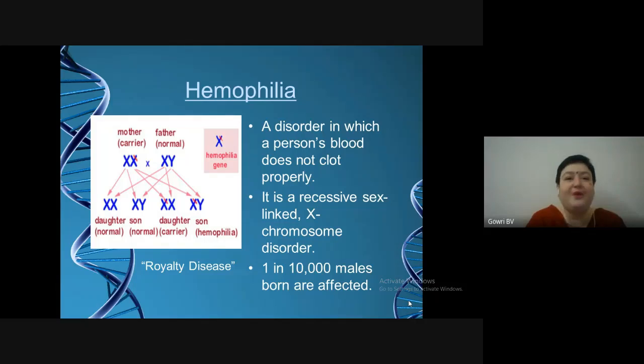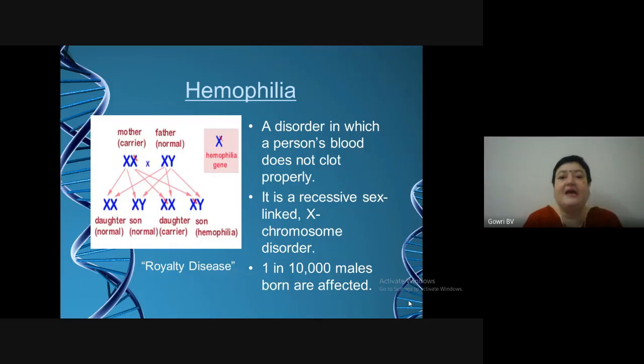Why is the mother a carrier here? One X is defective, but she can compensate with a dominant X from the other gene. So double X is there, so she always remains a carrier and passes it to the persons who inherit from her. So that is how it goes in the case of hemophilia.